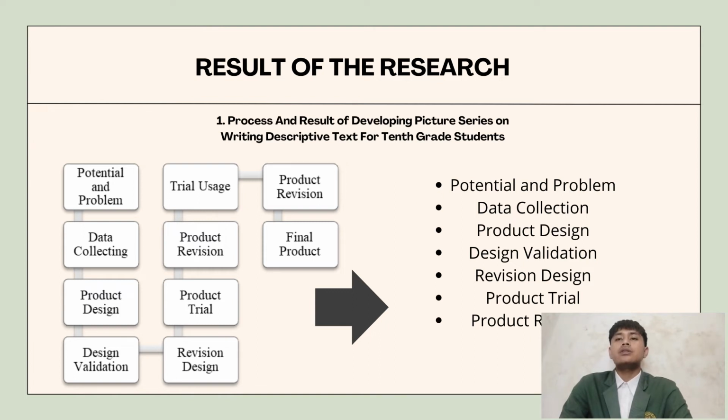Following the analysis of the problem, information is collected. The basic problem is the unavailability of sufficient learning media for the 10th grade of the senior high school. In addition, student comprehension of the text writing is lacking.